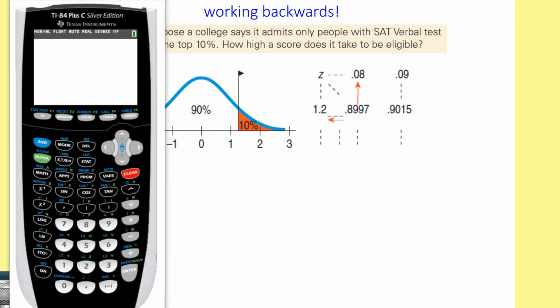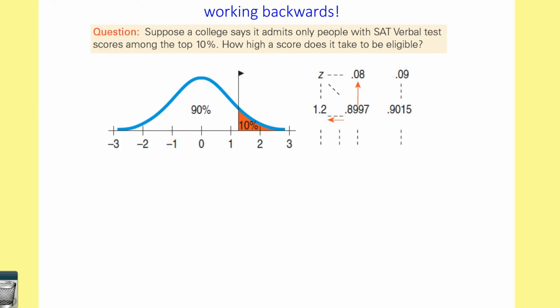Of course, we can do it with our calculator, so we can go to second vars, so distribution, and now we can use the inverse norm. For the area, your calculator only works from the left-hand side, so it always does the left side area.